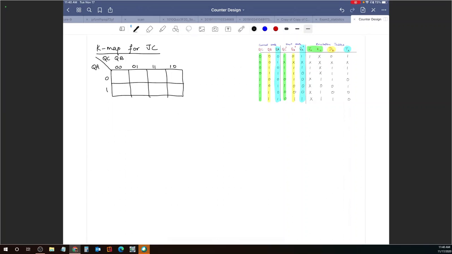And I'm doing this for JC. It's going to be 1x11, 1x11, xxxx. All of them are x. All right. So what is the simplest expression here for JC? 1. Perfect.